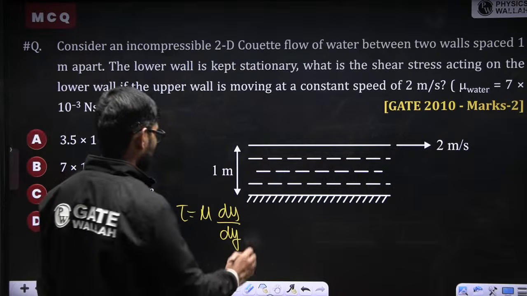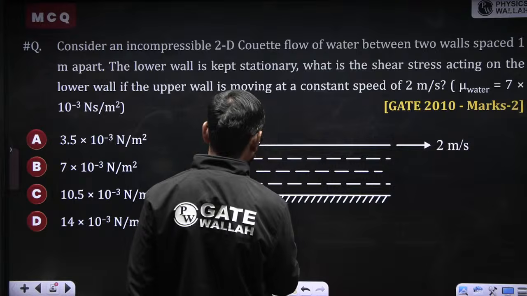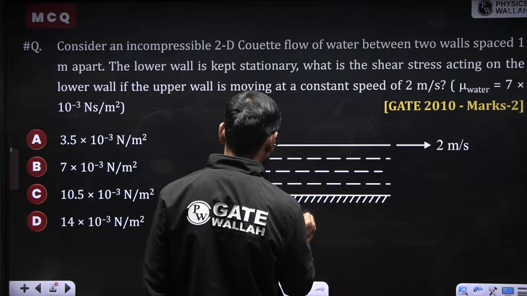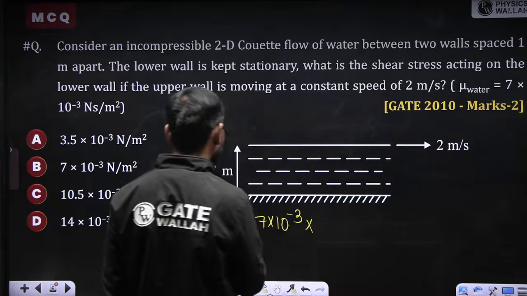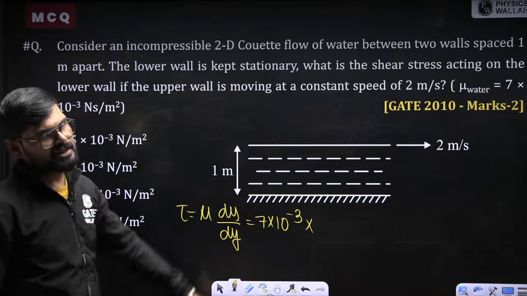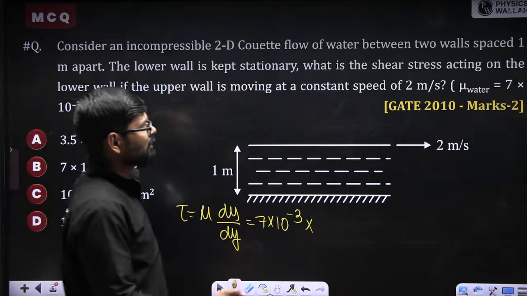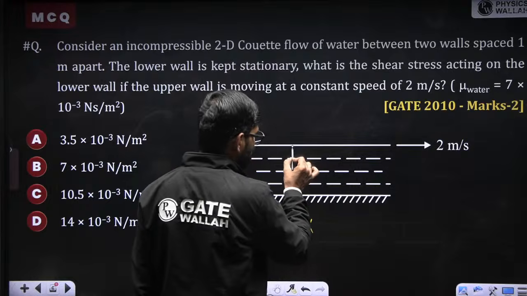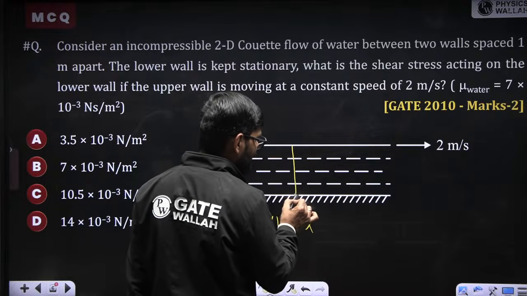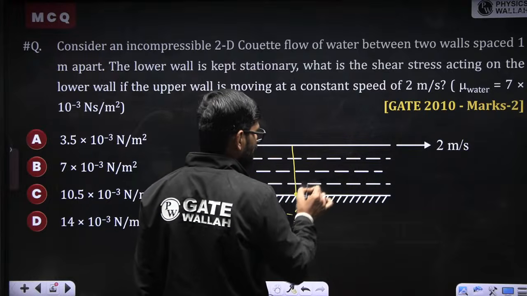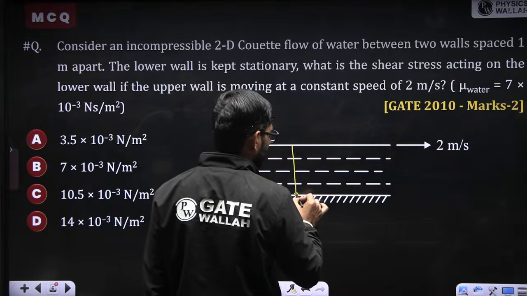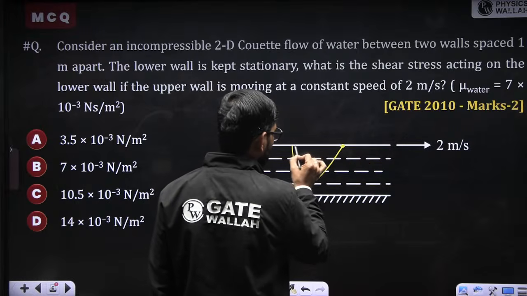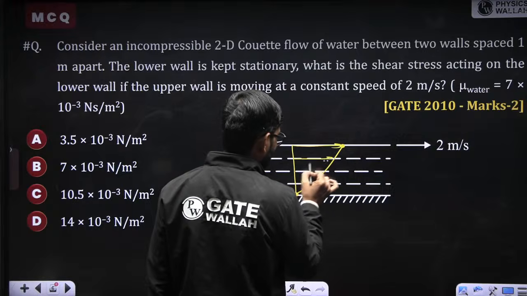Mu value is given 7 into 10 to the power minus 3, into change in velocity by change in distance we can consider. We are not sure what the velocity profile will be, but here velocity is going to be 0, here velocity is going to be 2 meters per second, so the velocity profile will come something like that, right?